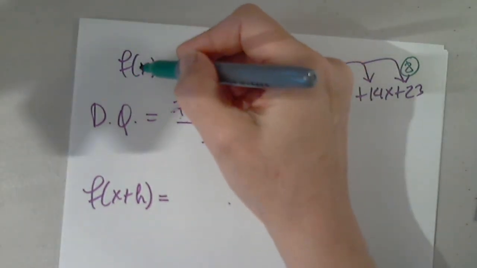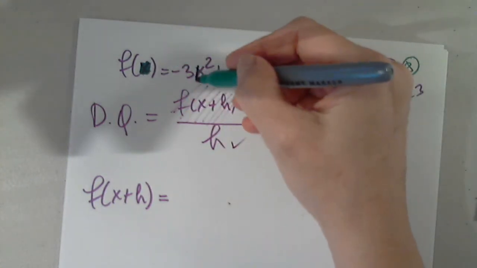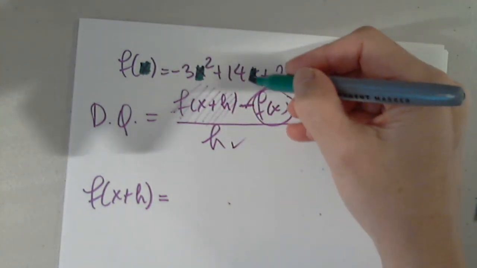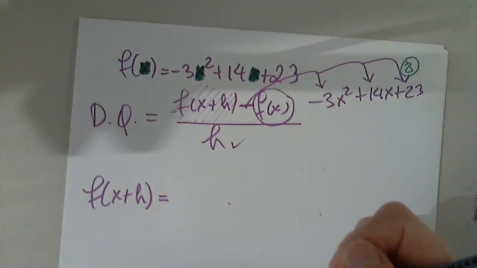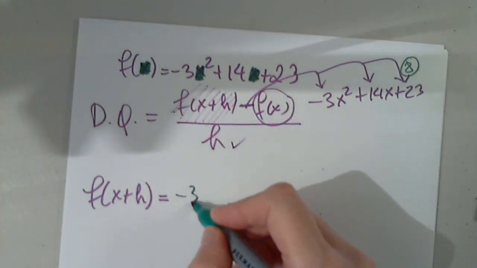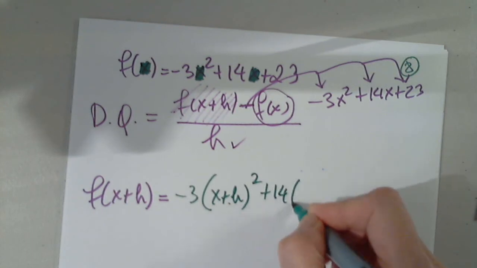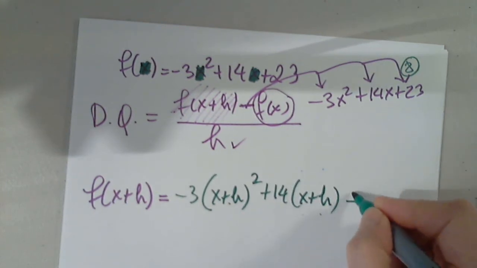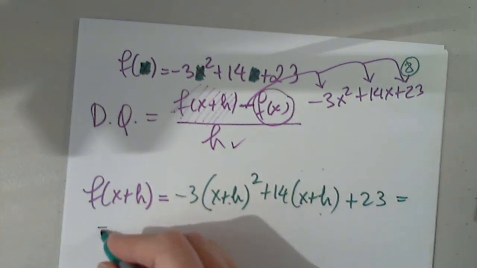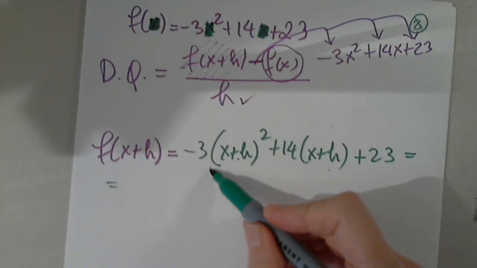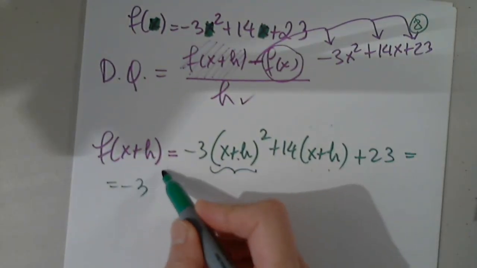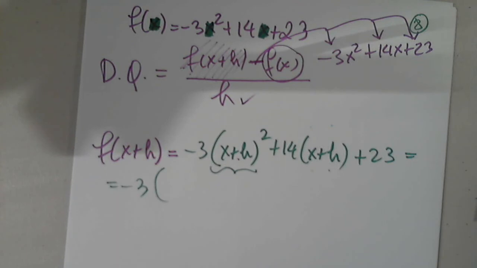So remember, the function is telling us this. You replace x by x plus h. Yes, I replace x everywhere I see x by x plus h. Good. First I have to square this. How many terms do I get when I square this binomial?